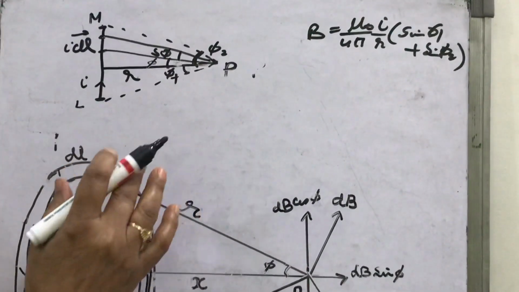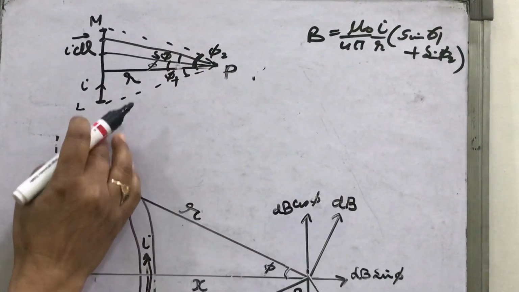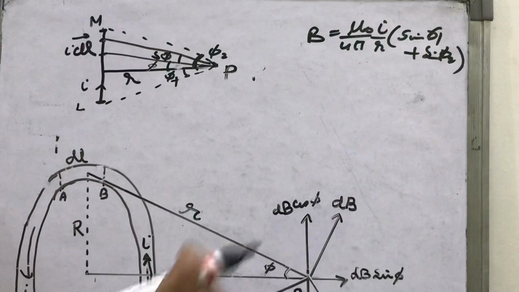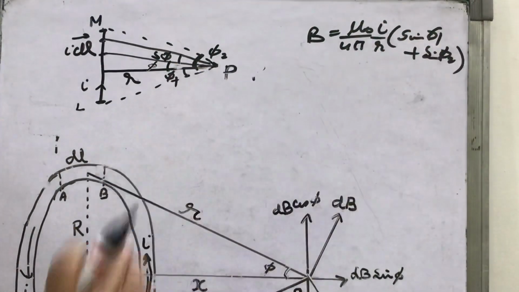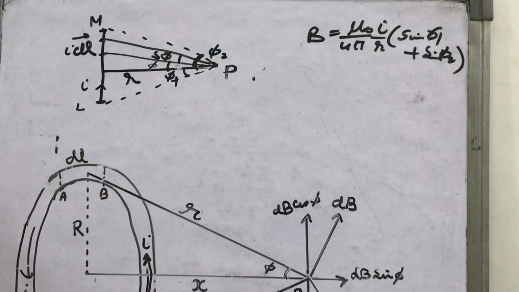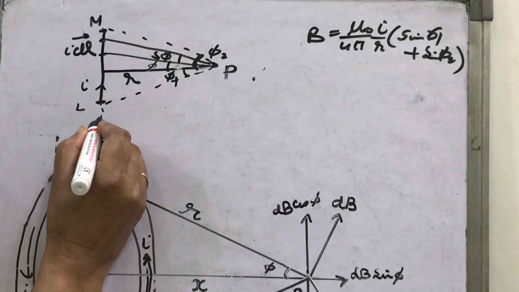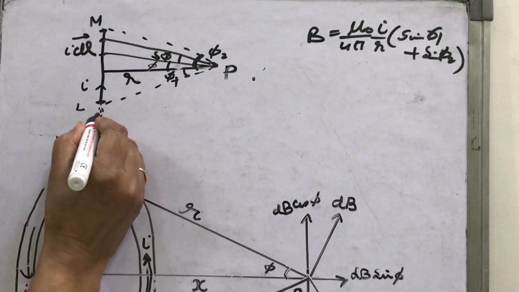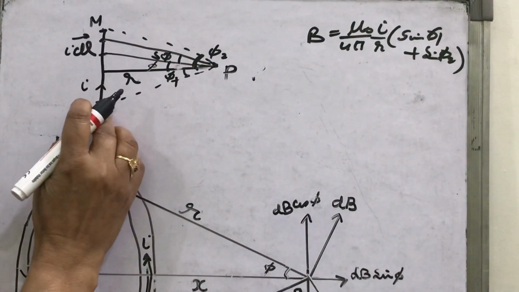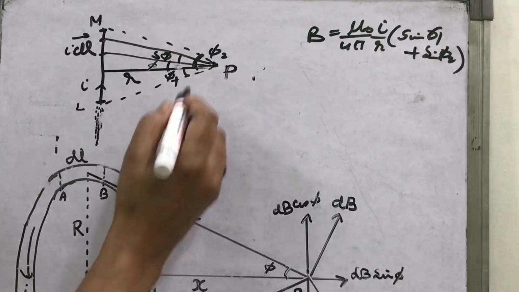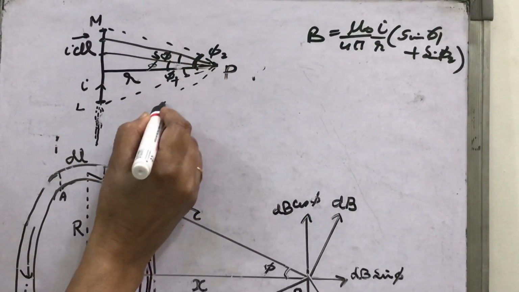Here I have to say that if the wire is of infinite length, then most of the students have a doubt: why should we put phi 1 and phi 2 as 90 degrees? Look, suppose the wire is of infinite length, then from L you will increase the length of the wire and join with P. What will happen?